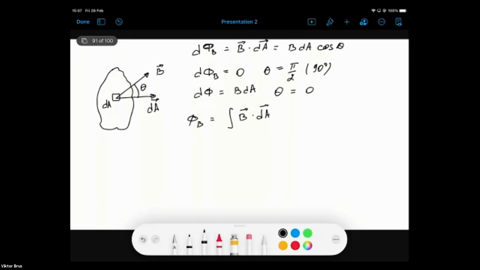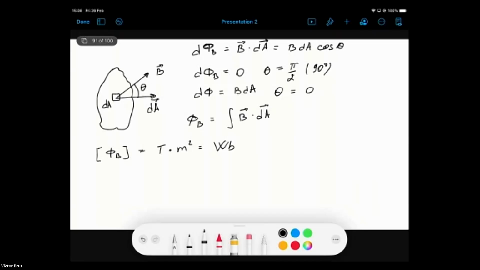And we need to define also units for magnetic field flux, which is Tesla times square meter. This was designated as a specific unit. Magnetic field flux is measured in specific units, which is Wb, and this is Weber.